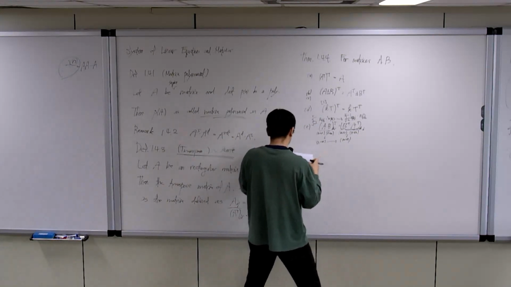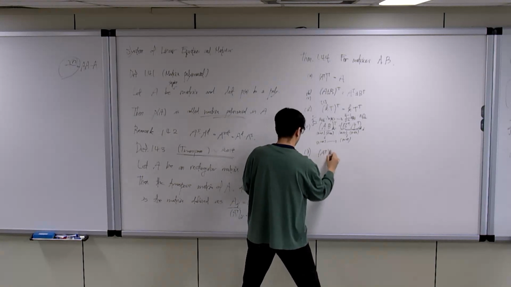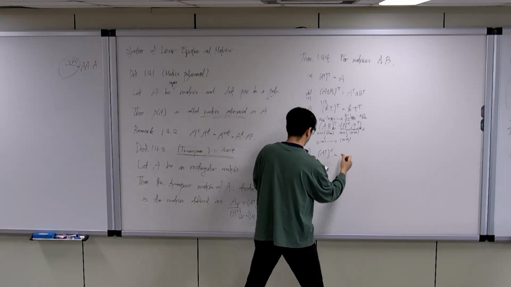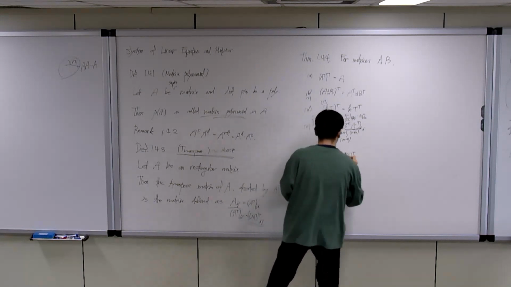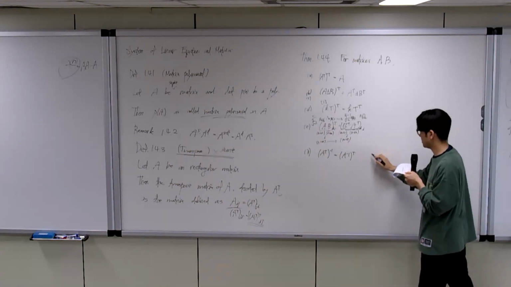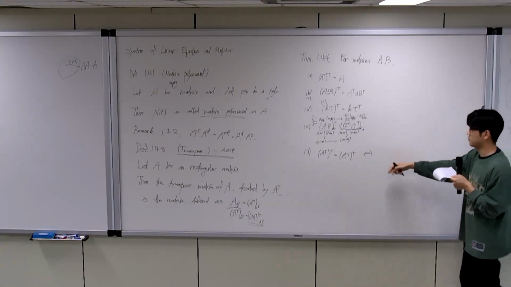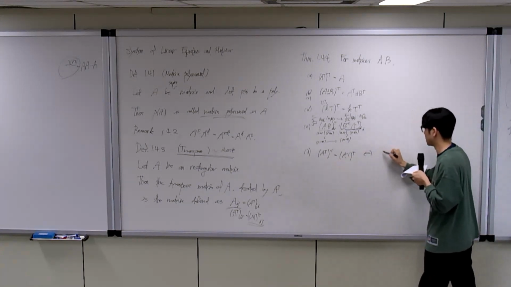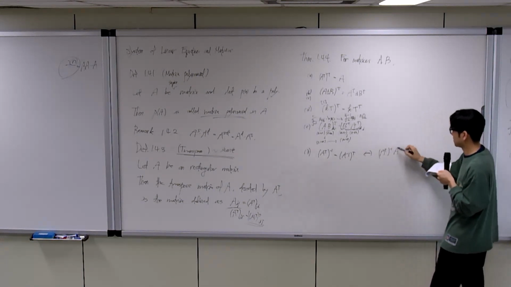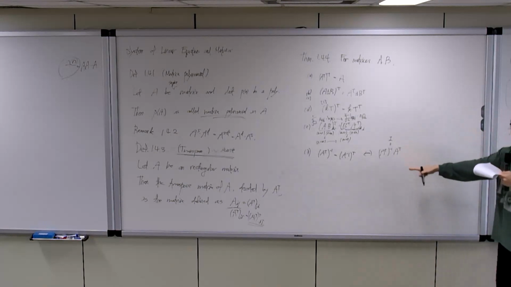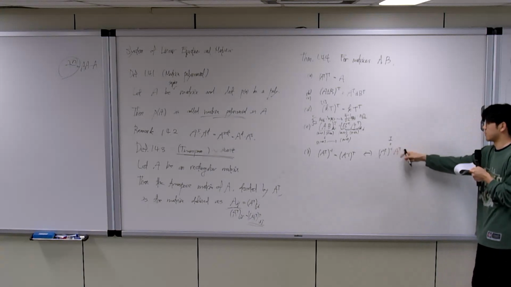And then the final property is the commutativity of transpose with the inverse operation. We can prove this simply by multiplying by A transpose. By the definition of inverse, A A inverse is the identity matrix.